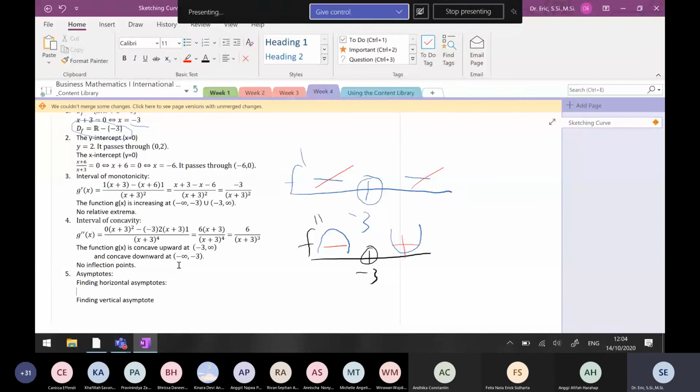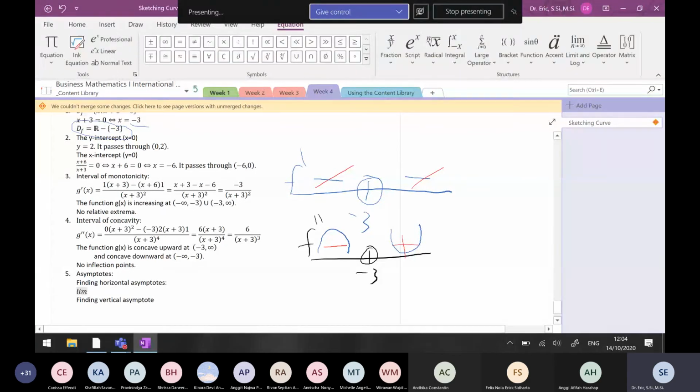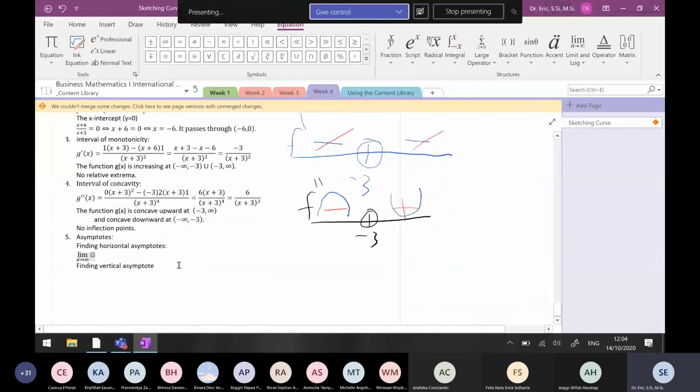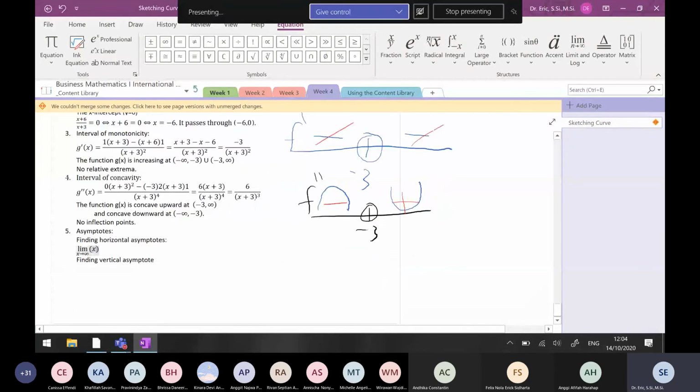So, to find the horizontal asymptote, I have to find the limit as x goes to infinity of (x plus 6) divided by (x plus 3).